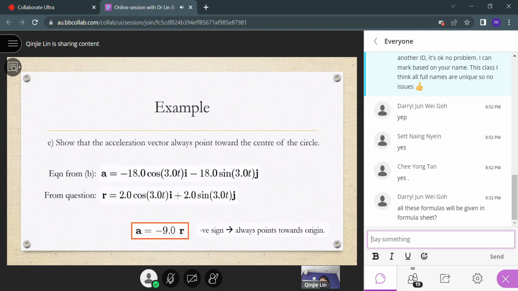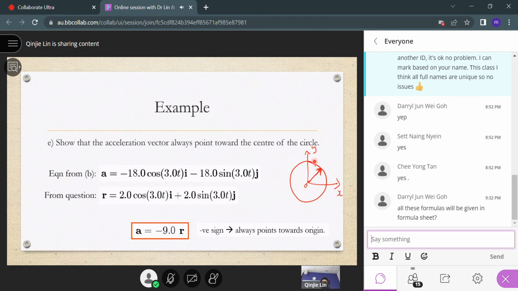So let's say we are moving in a circle, right? Down here, this is point O. When we say position vector, remember position vector always starts from the origin. So it's from here going out, touching the circle. This is a position vector, correct?